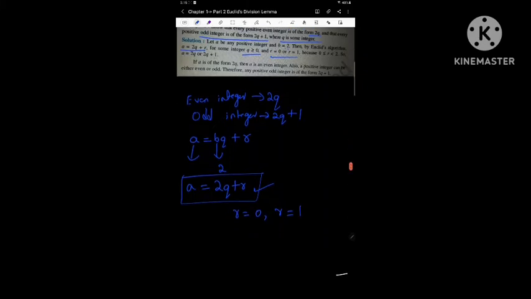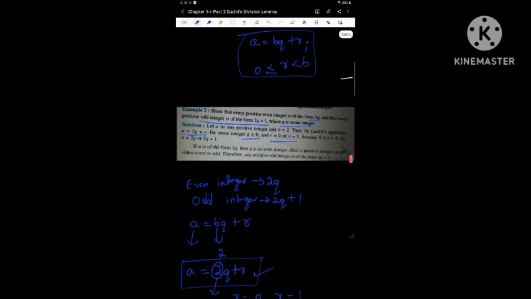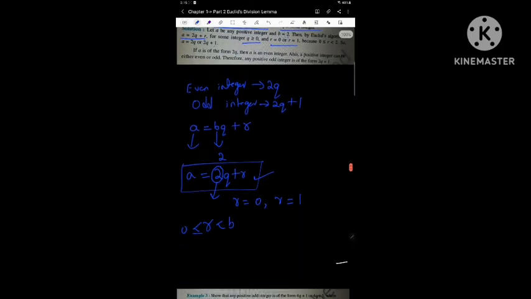Here what they have taken is r equals 0 or r equals 1. They have taken this because we know the condition that r should be greater than or equal to 0 and it should be less than b, and our b here is 2, right? So they have taken 0 less than or equal to r and then less than b, that is 2.